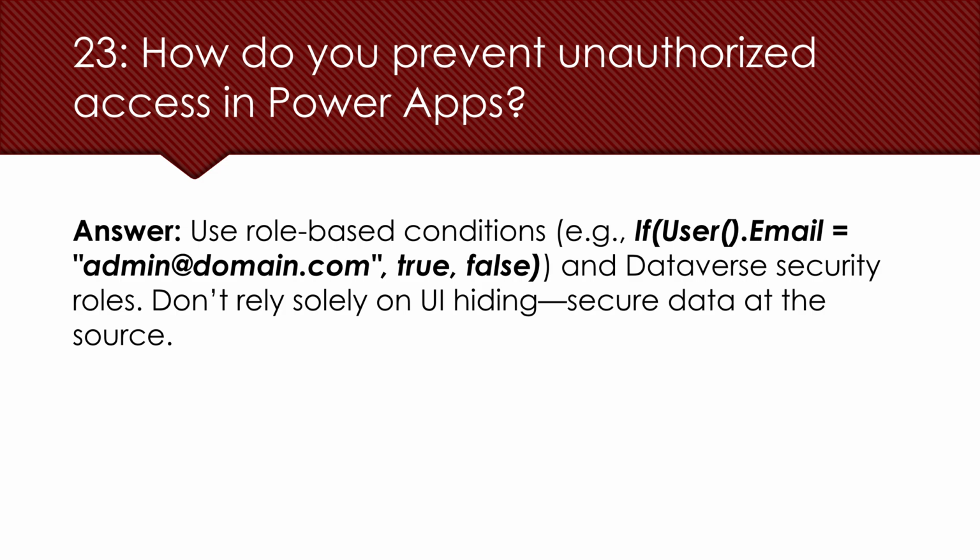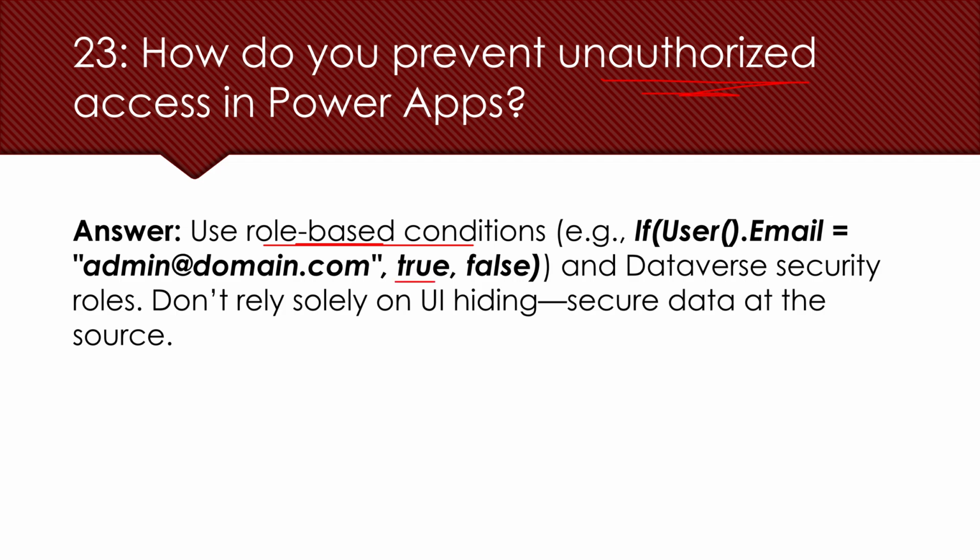Question number 23. How do you prevent unauthorized access in Power Apps? To do that, we can use a user role-based condition. In that condition, we can check if that particular User().Email is available, like whether that particular user should have access.